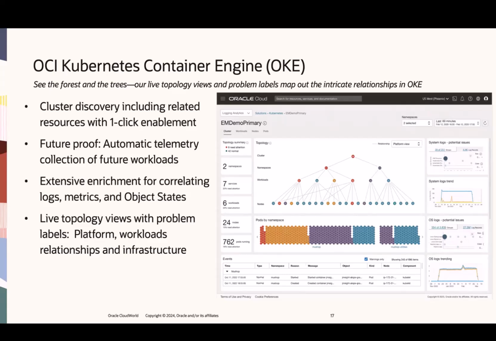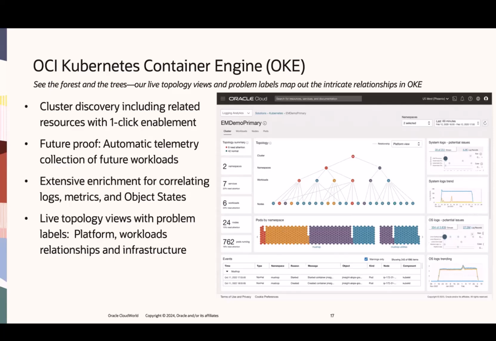What that means is that if there is a pod which is generating some warning events, it is bubbled up to the corresponding workload, and that is bubbled up to the corresponding namespace, and thus the cluster. So it depends upon where you want to start your troubleshooting workflow.